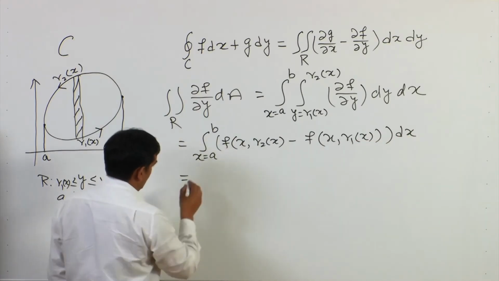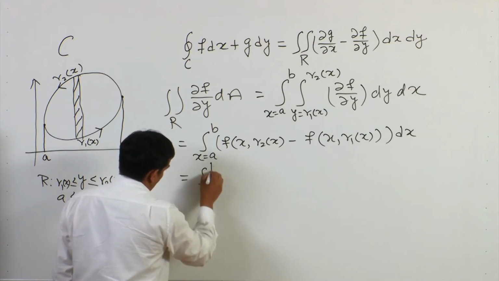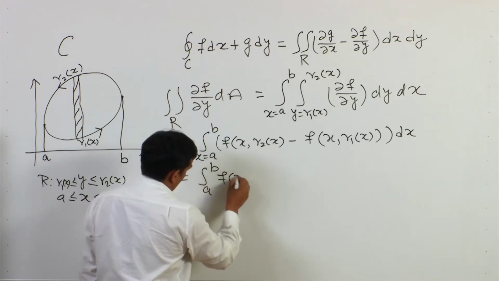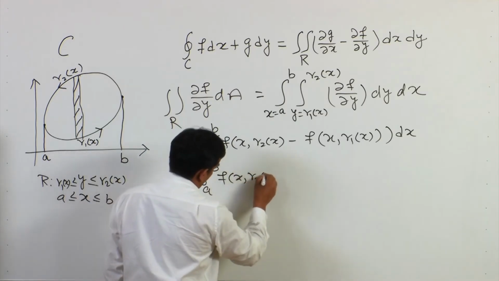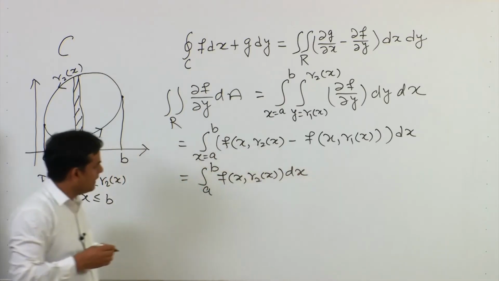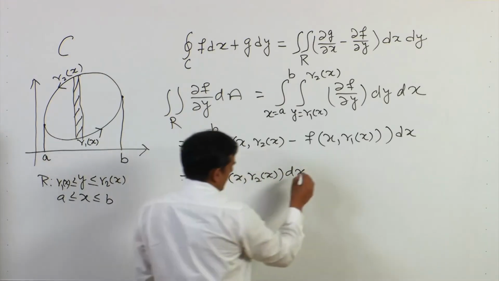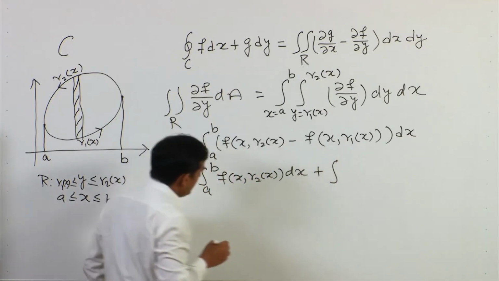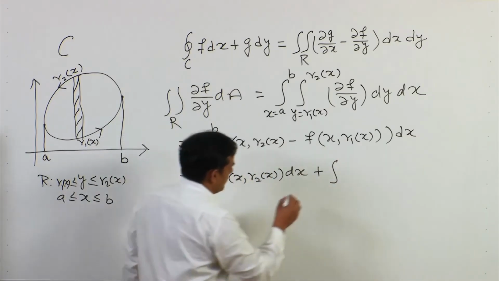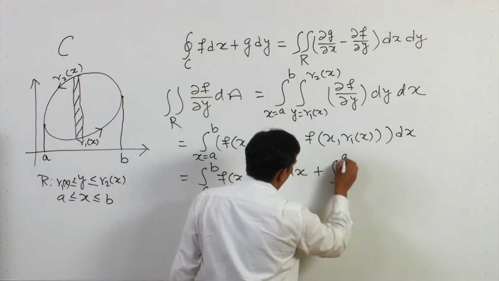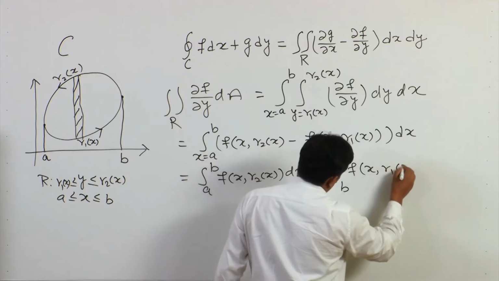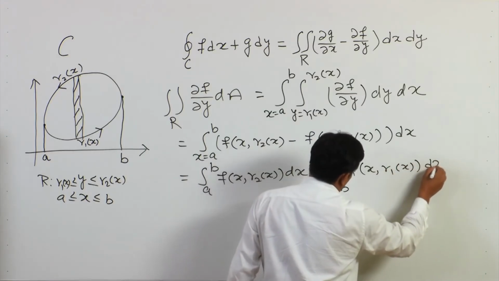This I can write with limits from A to B as the integral of f(x, r2(x)) dx, and then plus, interchanging the limits, I am taking from B to A of f(x, r1(x)) dx.